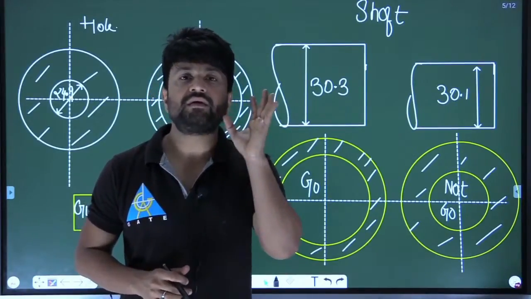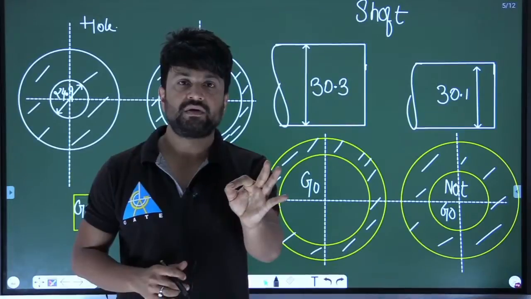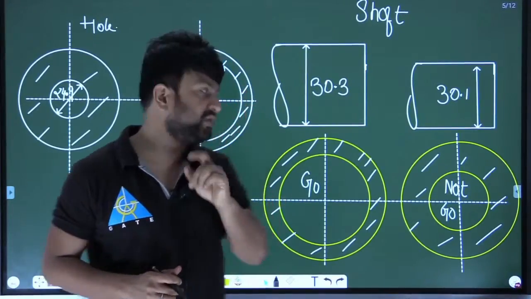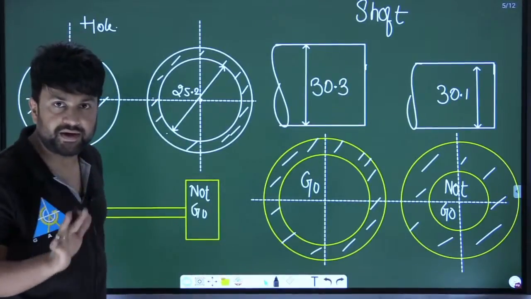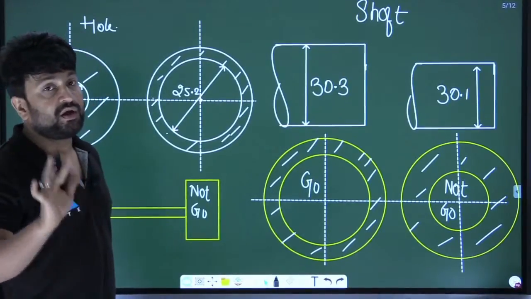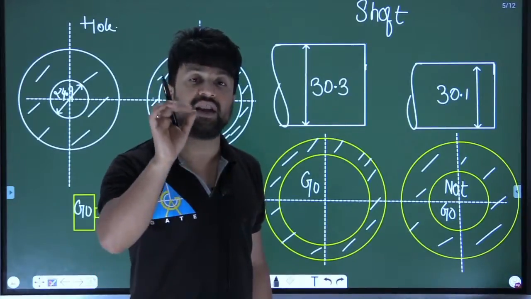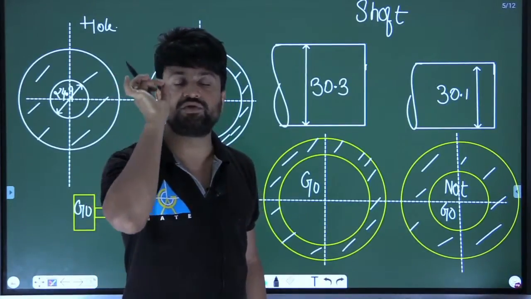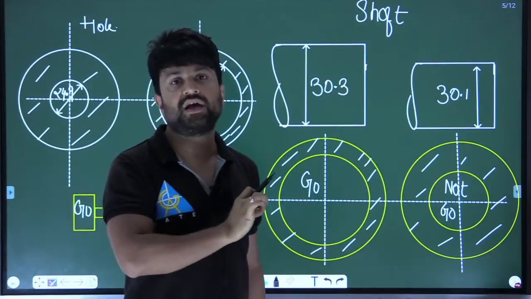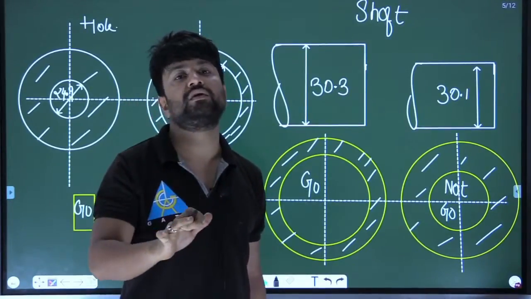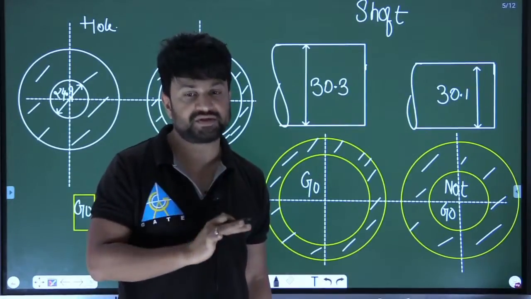So let me introduce a question which will help you to understand the design of the plug gauge. I am solving a question. Basically it is an algorithm. You have to just follow this algorithm to solve any question which is based on the plug gauge concept.